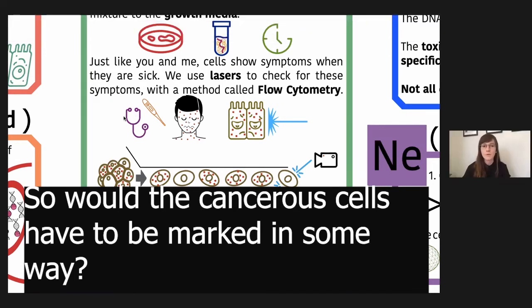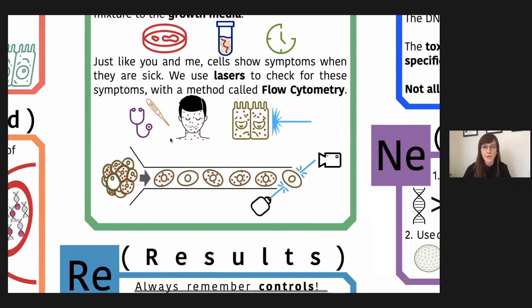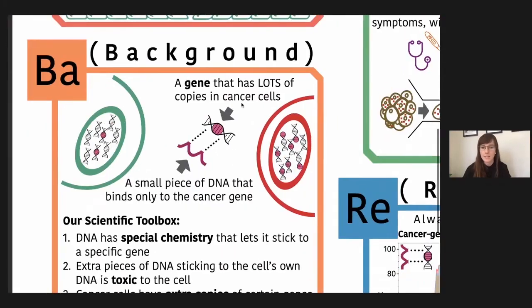I see what you're asking. We don't do anything ourselves to the cancer cells to mark them as having that trait. But we are able to read the genes and the sequences of the genes inside the cells, so we know whether or not that cancer cell has, for example, this pink gene here.